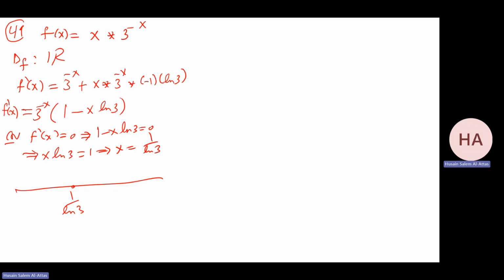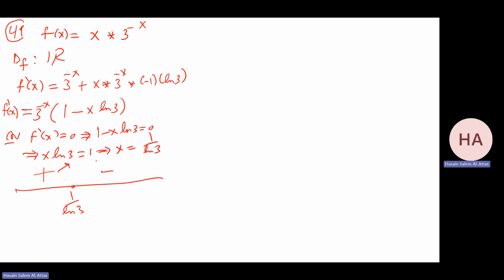Now we'll take a value less than 1 over ln 3. Take 0, for example. If you take 0, you will get positive. Take a value greater than 1 over ln 3, for example 2 or 1. With 1, you get 1 minus ln 3, which is negative.